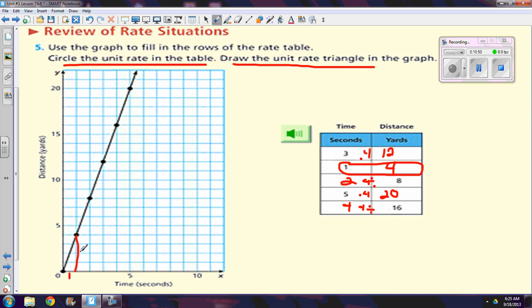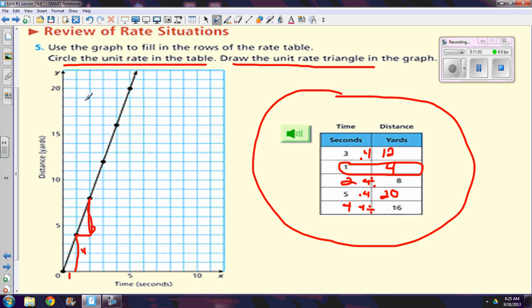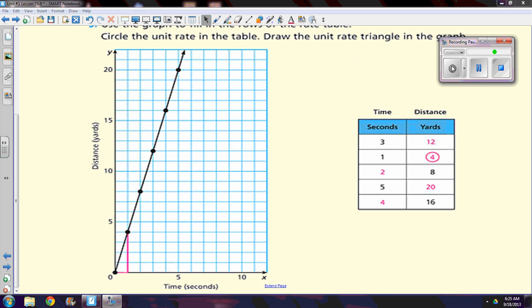This would be 1, and this would be 4. And you'd go over, oops, and down. So go ahead and make the table, make the graph. All said and done, things should look like this. You can see that they circled the unit rate and they started a triangle, the unit rate for the first one.